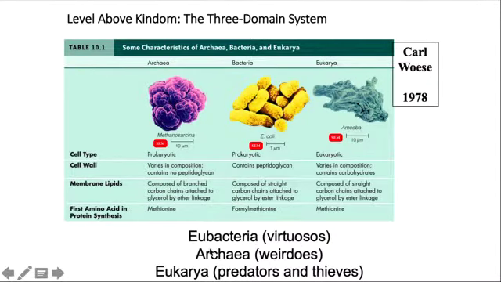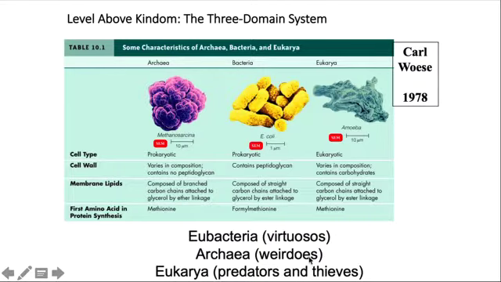Generally, we will say bacteria, they are the virtuosos. They are very highly skilled in using nutrients and harnessing inorganic molecules to synthesize food, mainly for the sustenance of food chains.